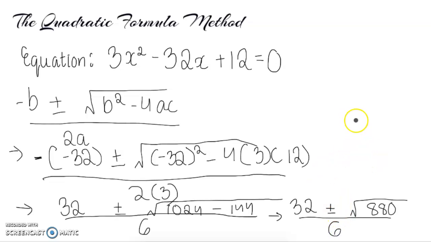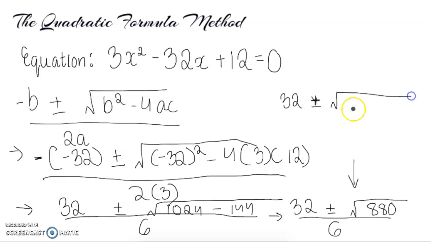Now I can simplify root 880 into root 2 times 2 times 2 times 2 times 5 times 11. So 32 plus or minus root 2 times 2 times 2 times 2 times 5 times 11 all over 6.